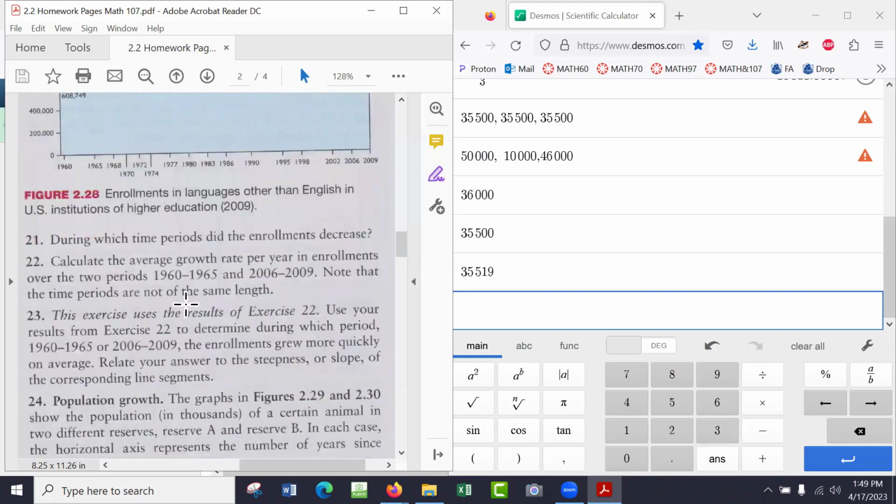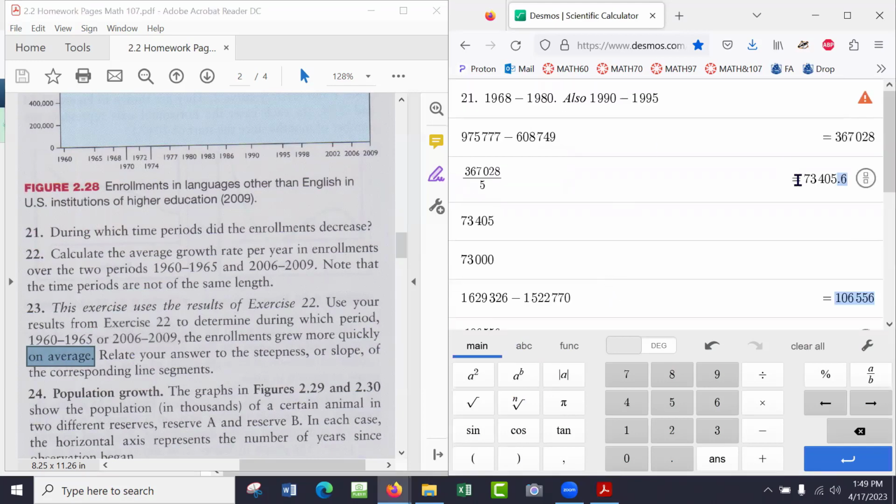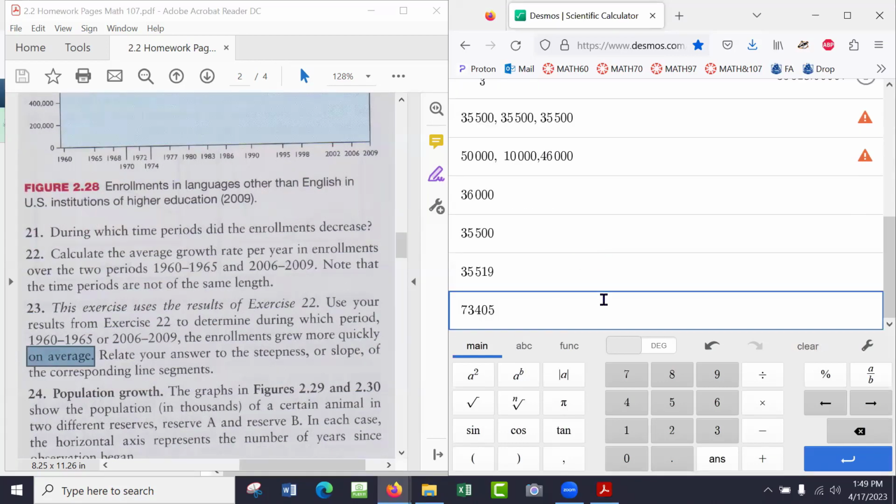So let us answer this. During which time period did the enrollments grow more quickly on average? Think about average growth rate. One of our average growth rates, I do recall, was 73,405. That was the annual growth rate from the first one, 60-65.